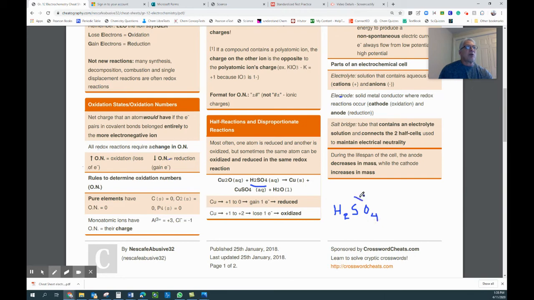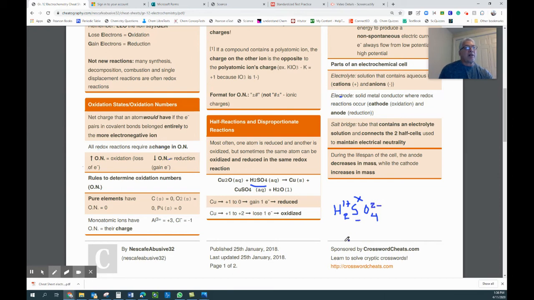Let's say you don't know the oxidation number of sulfur and you want to find it in this sulfuric acid. You have to remember that hydrogen in most compounds will have a positive one charge, and oxygen in oxides is always 2 negative.